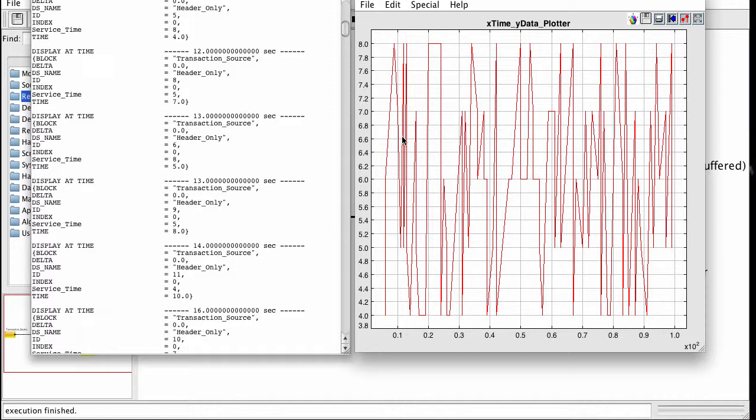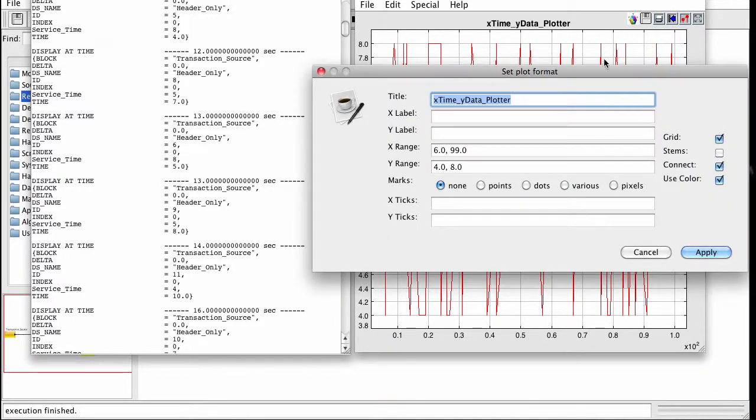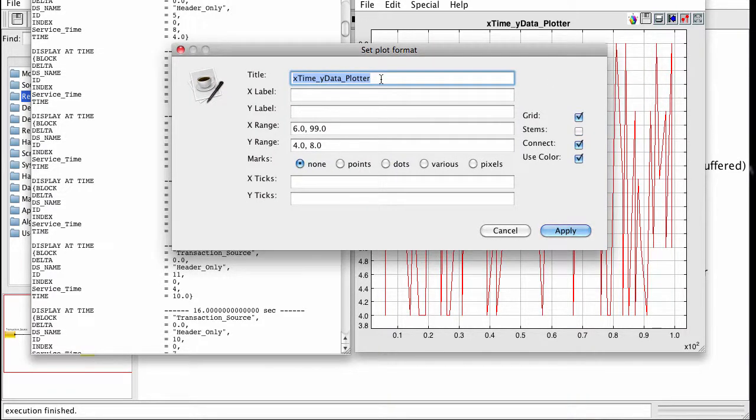that it was generated. Now we can further specify the plot by stating the title of the plot, which I'm going to say simulation time versus latency, and then the X label being simulation time, the Y label being latency.